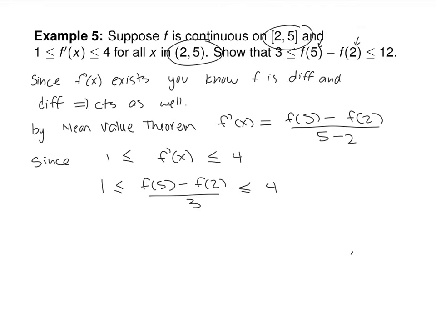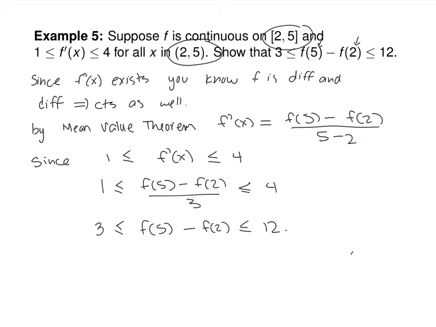Multiply by 3. We've got 3 is less than or equal to f of 5 minus f of 2, which is less than or equal to 12. So what that tells you is that the difference between your last and your first y value is between 3 and 12. So no more than that.